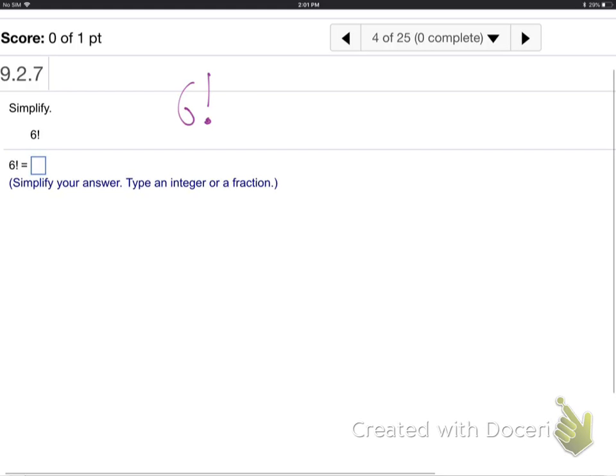That's like 6. I'm so excited about that 6. What is that thing? It just means start at 6, go all the way down to 1. Multiply. It's called factorial. I'm not going to quiz you on the names. It's 6 factorial. Factor means things multiplied. So it's just 6 all the way down to 1. There's a button on your calculator if you want to do it on the calculator. It's under math again.